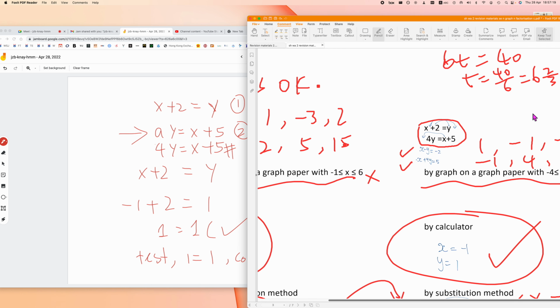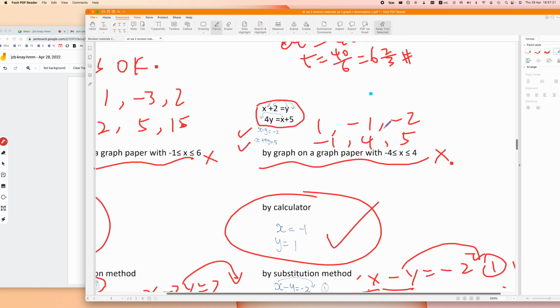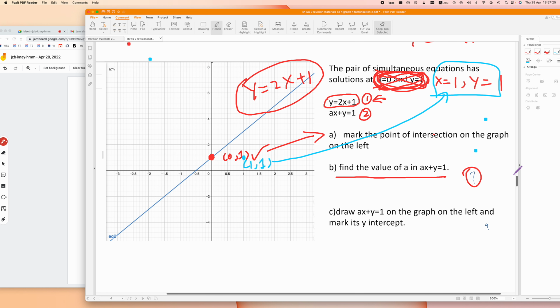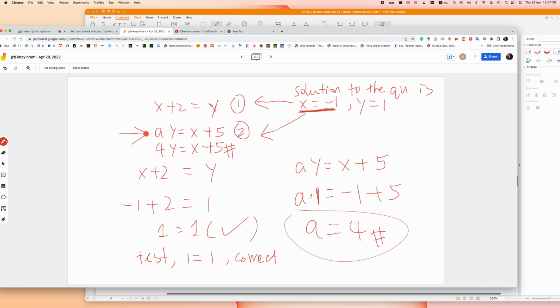So similarly, if you come back to the question here, they say find the value of a, right? Can you see? Find the value of a. Can you see the PDF now? Yeah. So now I already find the value of a, which is 4y equals to x plus 5.